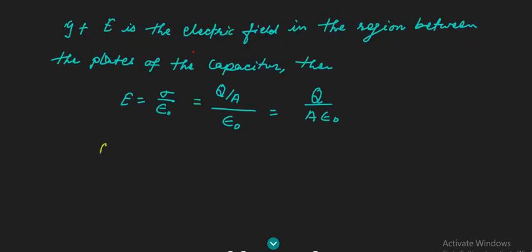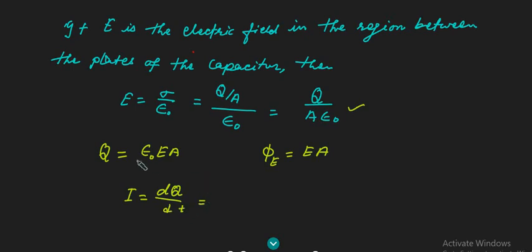You can write the value of Q as epsilon naught E A, and you know well electric flux is equal to E into A. From the instantaneous current in the circuit, I equals dq by dt.